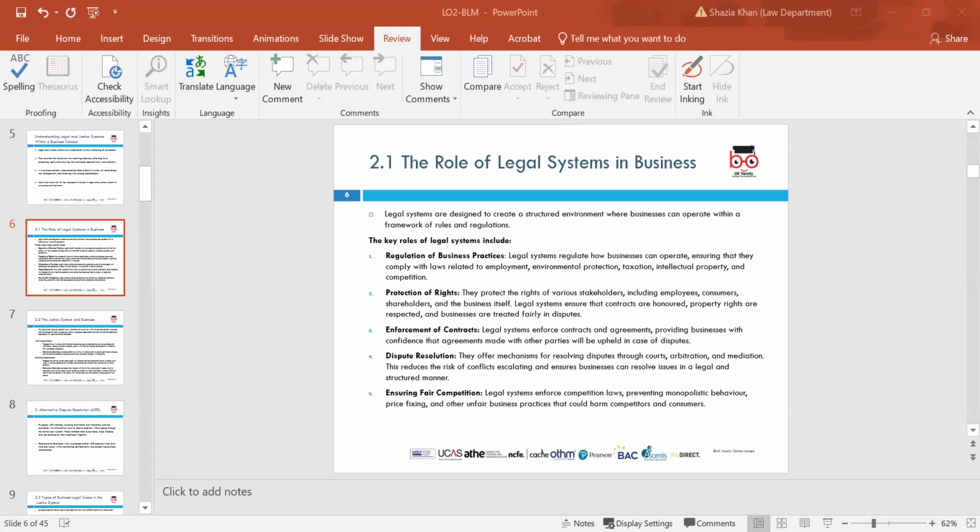Dispute resolution, where instead of going to court, they resolve the disputes through ADR. And ensuring fair competition, so making sure that legal systems enforce competition laws and prevent any sort of price fixing or unfair business practices.